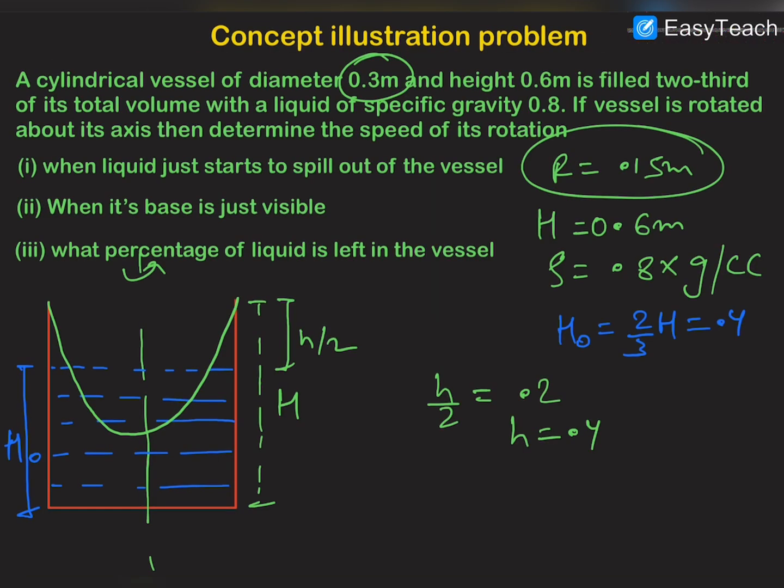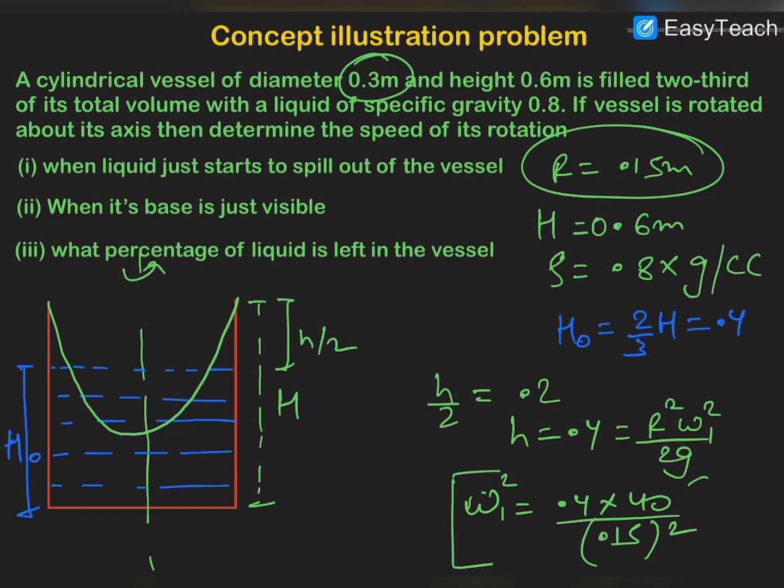So this will be equal to r square omega square by 2g, and this omega 1 will be equal to 0.4 into 2g, which is 40, upon r, which is 0.15, whole square, and this is omega 1 square. So we are not calculating the value of omega 1 square to be precise, and we are just leaving it like that, because we would not waste time in calculations.